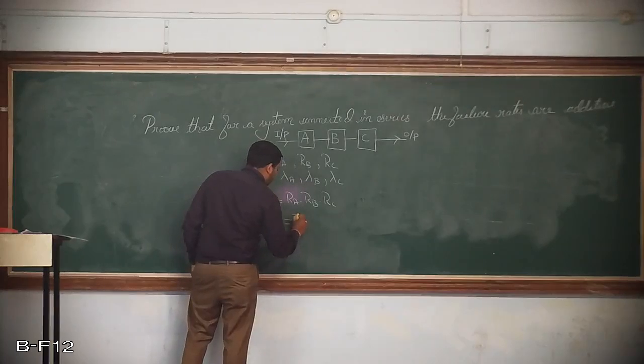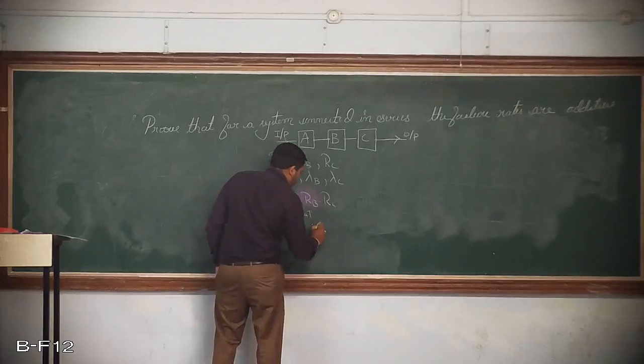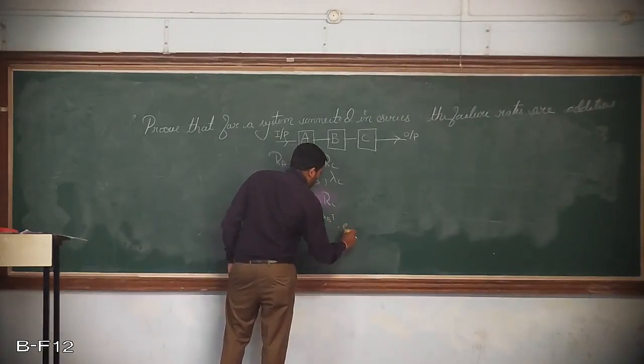So similarly, we can write it as e raised to minus lambda A T into e raised to minus lambda B T into e raised to minus lambda C T.